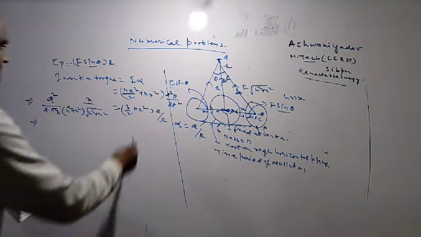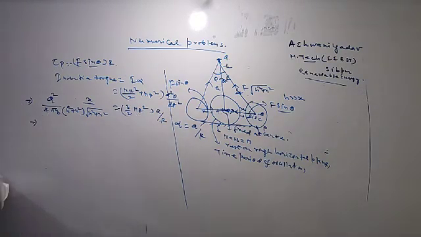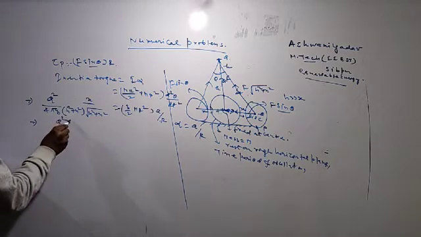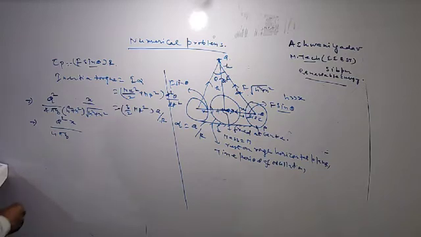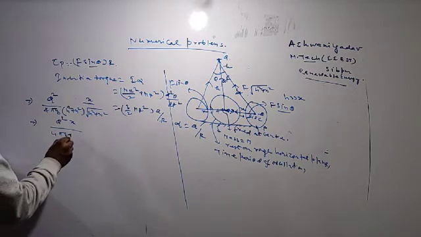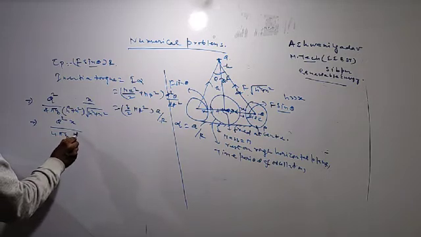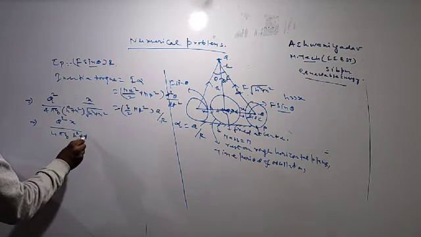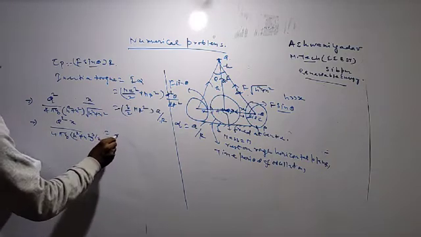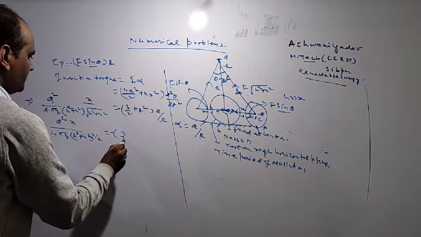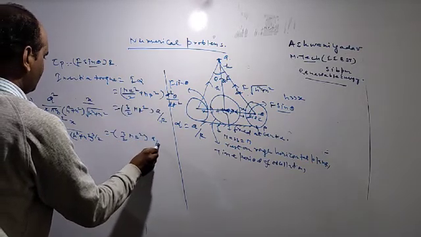So we have mr square, q square by 4 pi epsilon naught, h square plus x square to the 3 by 2, equal to minus 3 by 2 mr square times a by r.